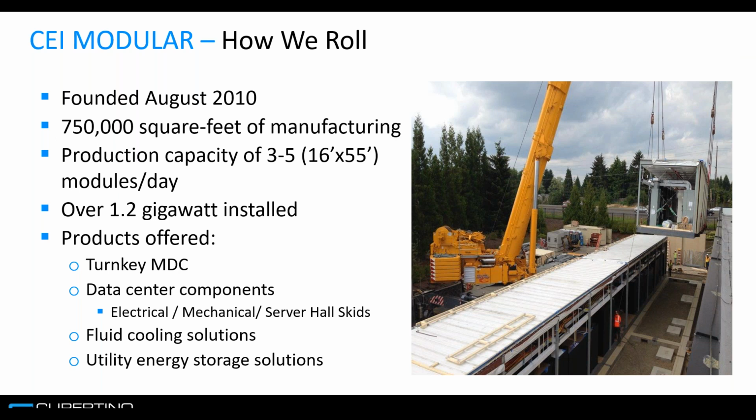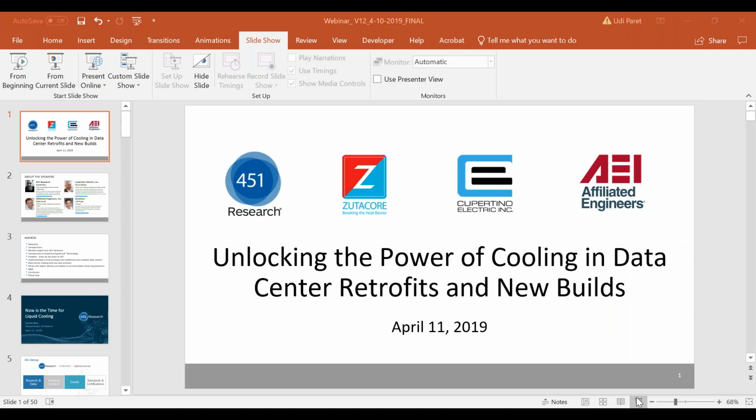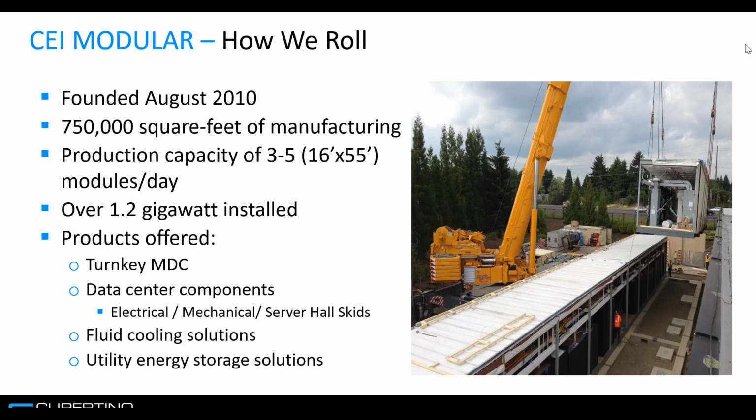As a net result, as we grew, we continued to offer more and more products, one of which was cooling solutions. And when we got above 13 kW per rack in our modular solutions, it created more and more problems in terms of how we were going to handle the air.